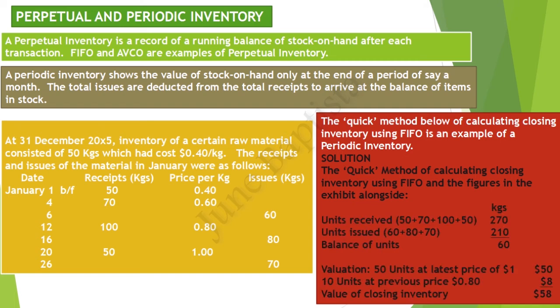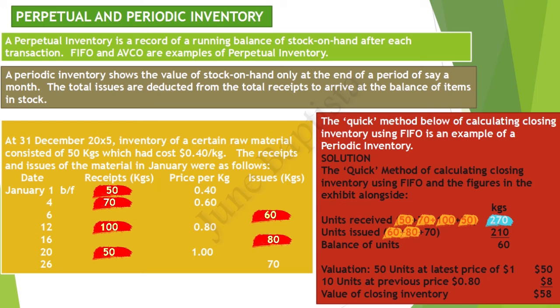Units received: 50 kgs, 70 kgs, 100 kgs, and 50 kgs to give us a total of 270 kgs purchased. Units issued: 60 kgs, 80 kgs, and 70 kgs to give us a total of 210 kgs issued. Therefore, the balance of kgs or units in stock are 60 kgs.